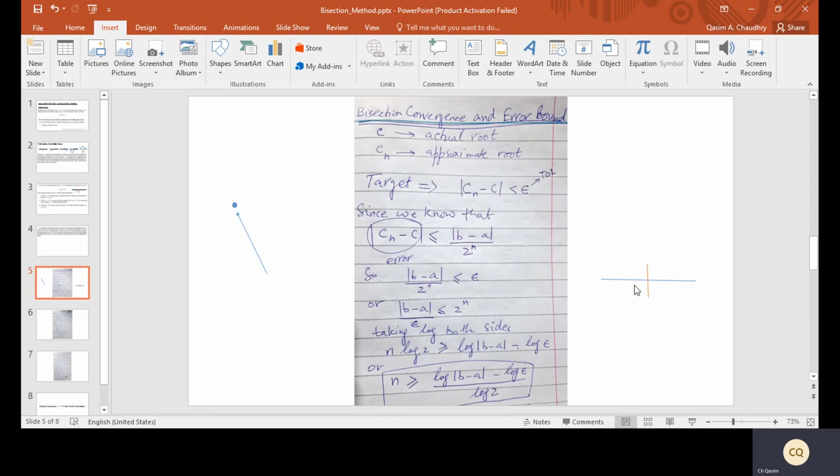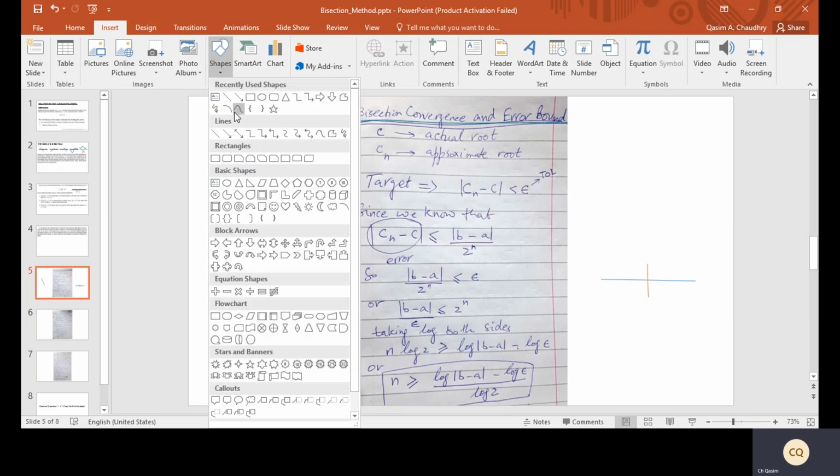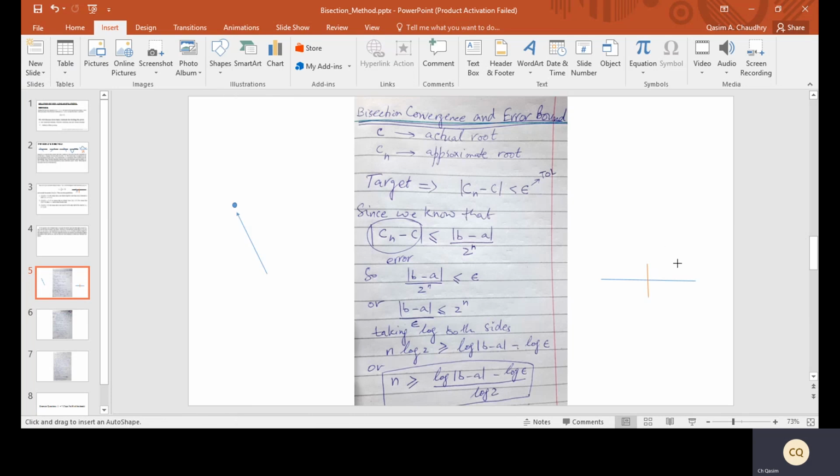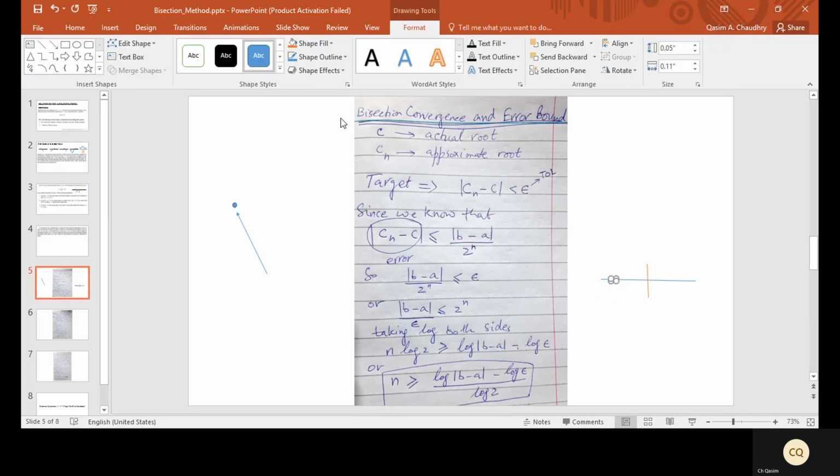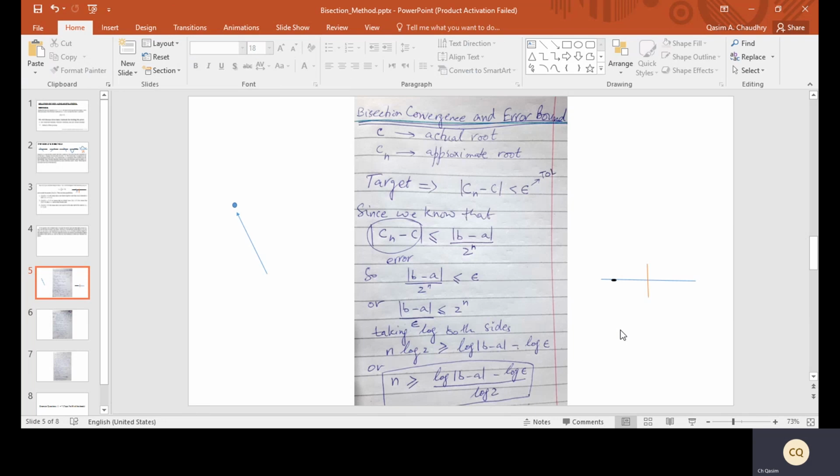But now the root is either on this half or on this half or at this particular point. Let me take this point, then it would be easy for you to understand. Students, let me take it as black. So this point is your exact root.